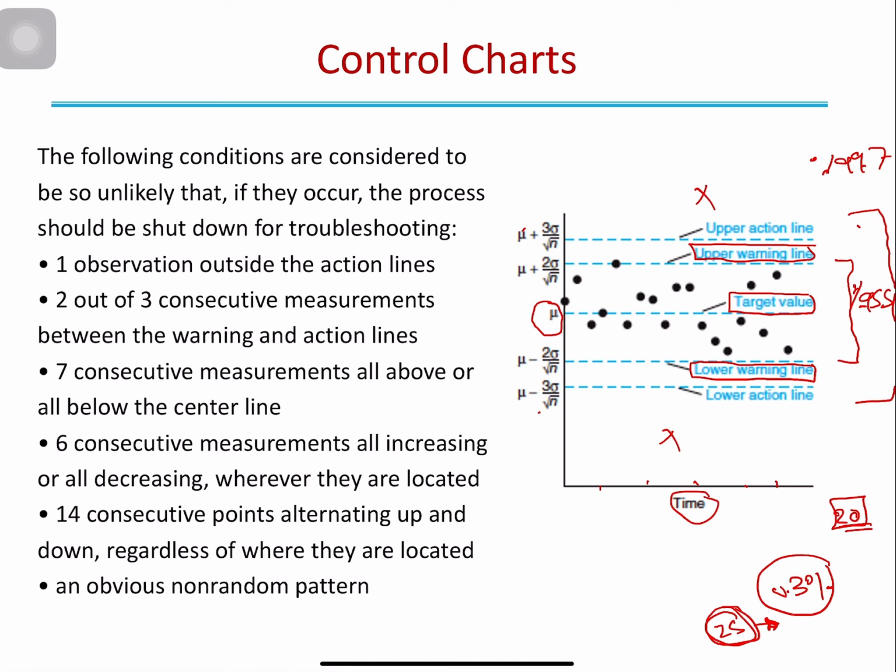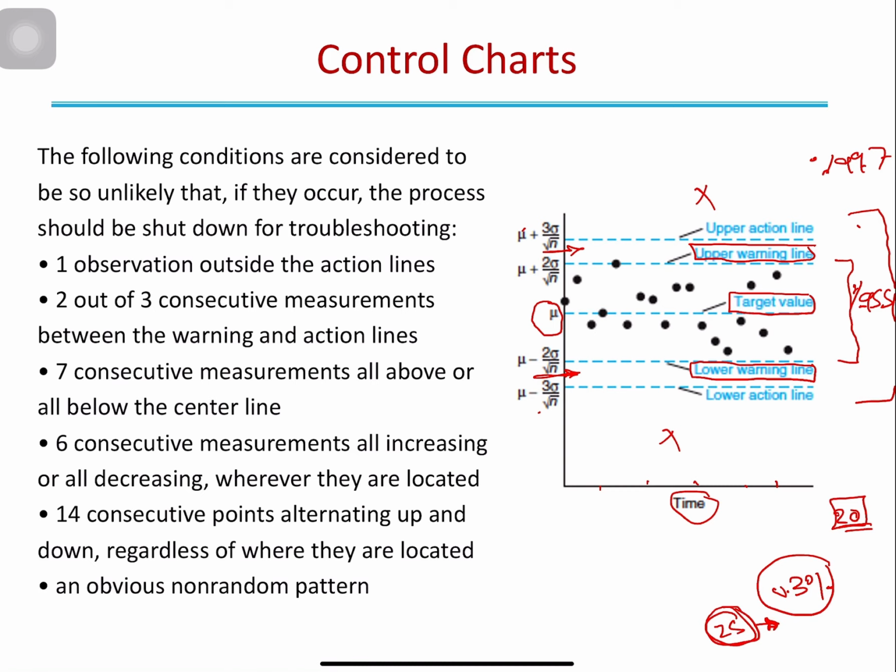If you have 2 out of 3 consecutive measurements between the warning and action line, that is still a very low probability, so if you have 2 consecutive, it's very unlikely. This is why you should stop the process.